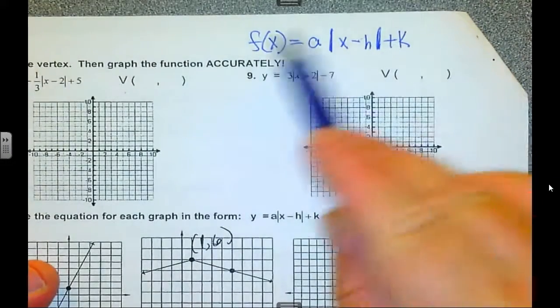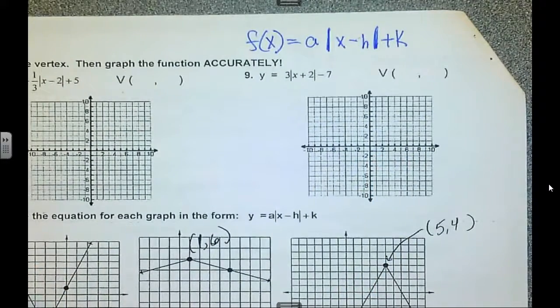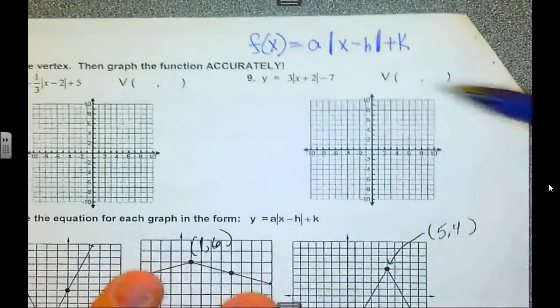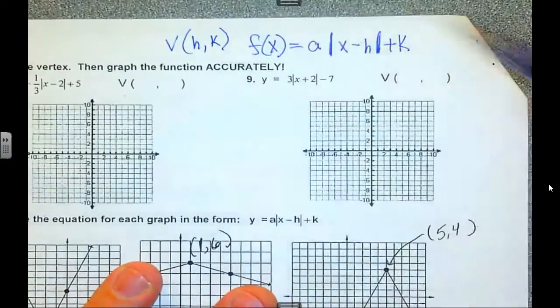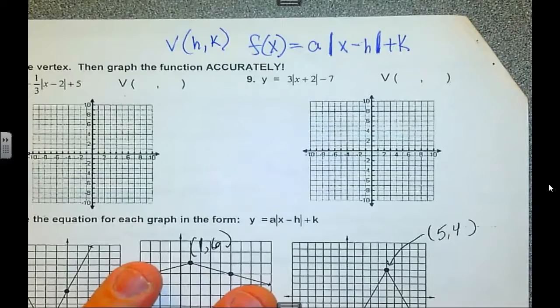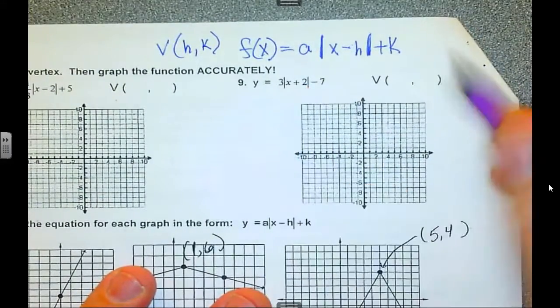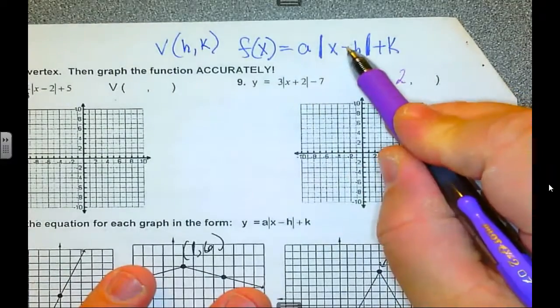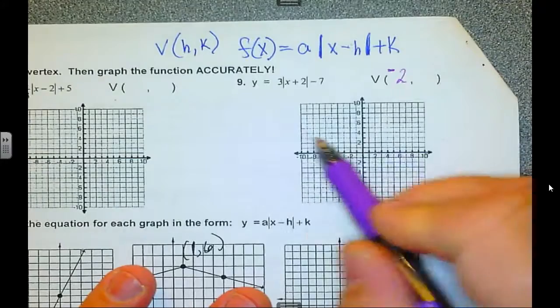It's got this formula on there, and it tells you what exactly the transformations are. The vertex is h comma k. So my vertex for number 9 is 2, but I have to get that sign to change, so I'm going to say -2.